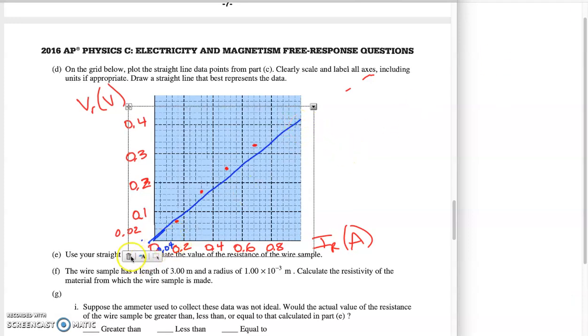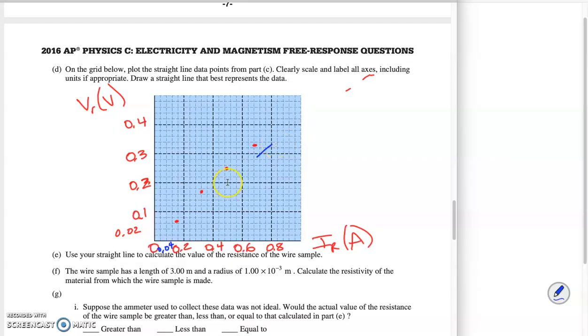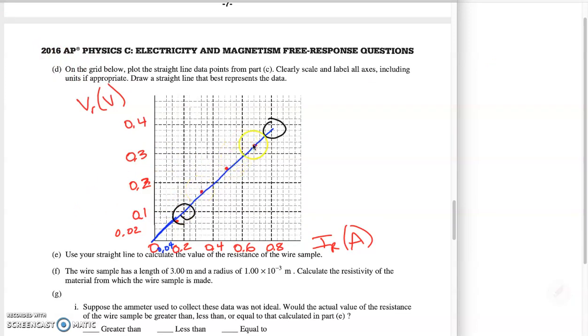All right, I'll give this one more try, and it took me a few tries to get an almost acceptable line.